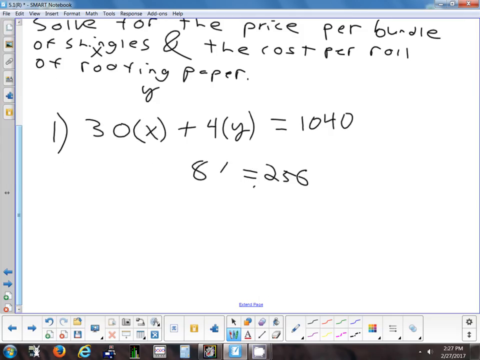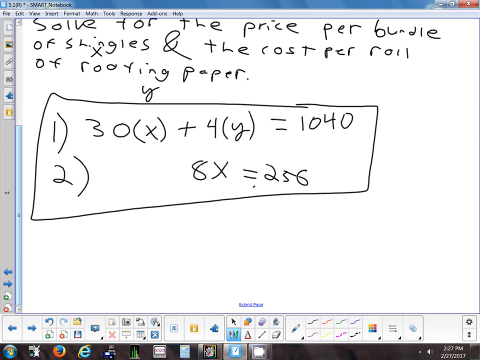Yeah, 8x. And that's all you have to do. Those are your 2 equations you have to set up. Now, I'm not going to go through and finish it, but does anybody know how you could get x by itself here? And that would tell you the cost for a bundle of shingles? It would be 1 step, and then you'd know bundles of shingles are this many dollars.